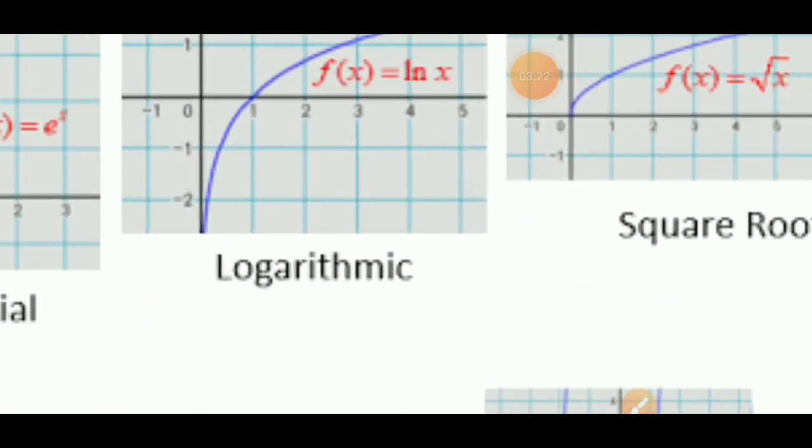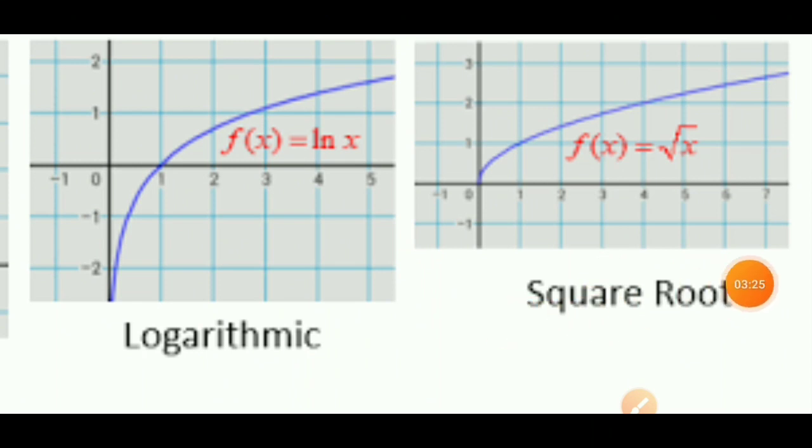For the square root function, we have f of x is equal to square root of x. We only take the positive value of x, so that is why our graph is only in the first quadrant. For example, if x is equal to 4, the square root of 4 is positive or negative 2.